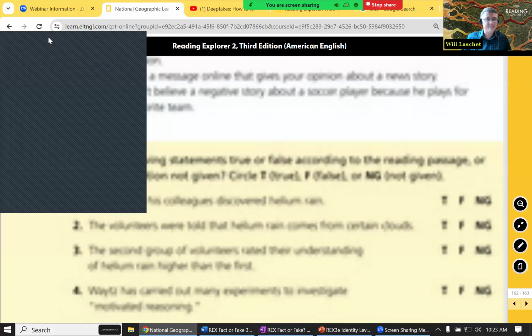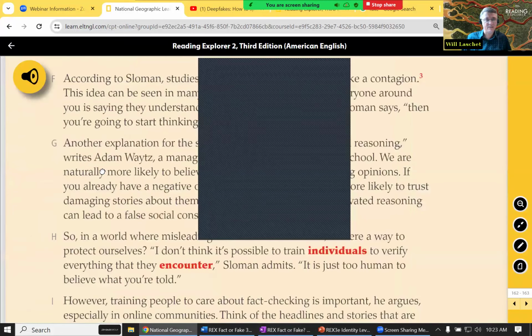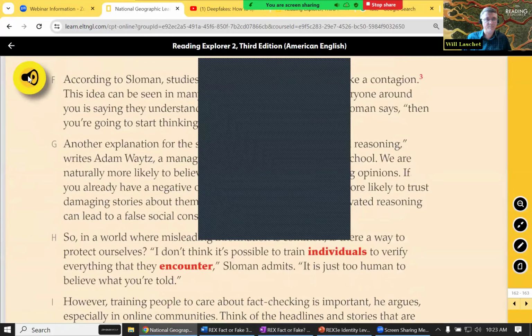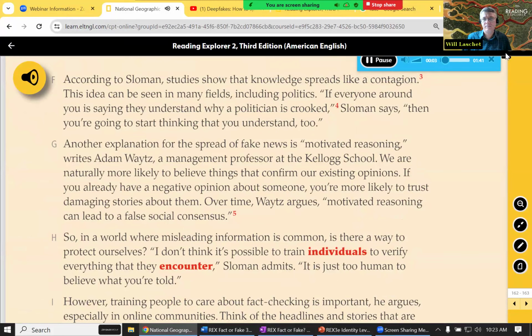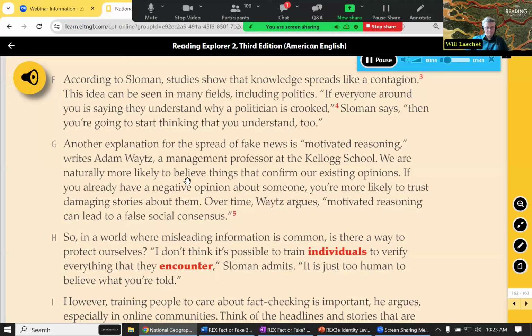Okay, let's have a little look at the rest of this article. Okay, there's a bit more to go. We move the chat box out of the way. According to Sloman, studies show that knowledge spreads like a contagion. This idea can be seen in many fields, including politics. If everyone around you is saying they understand why a politician is crooked, Sloman says, then you're going to start thinking that you understand too.